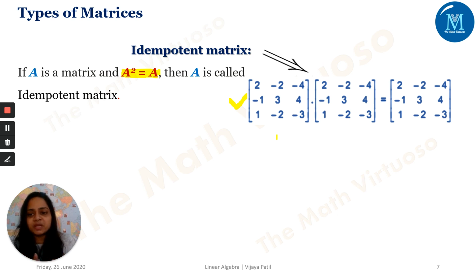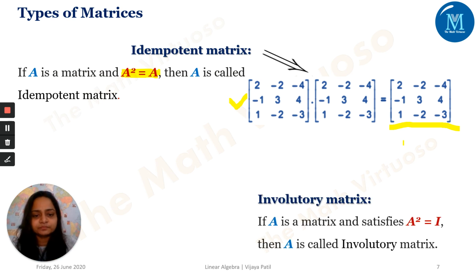It is expected that you have basic knowledge of the algebra of matrices. So take time, pause the video, multiply these two matrices, and check whether you get the same matrix or not. If there is any mistake, please put a comment below. I will definitely make the corrections.